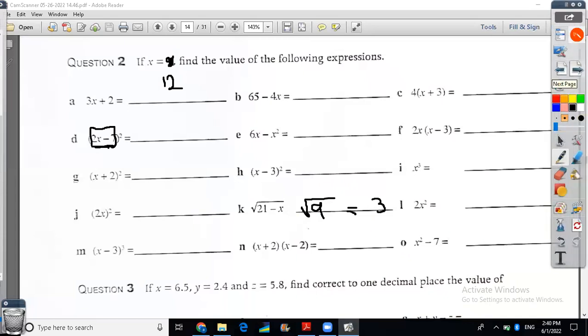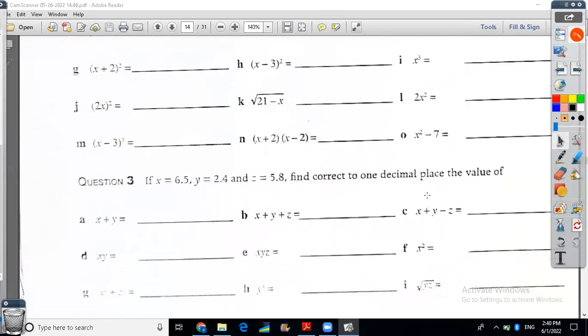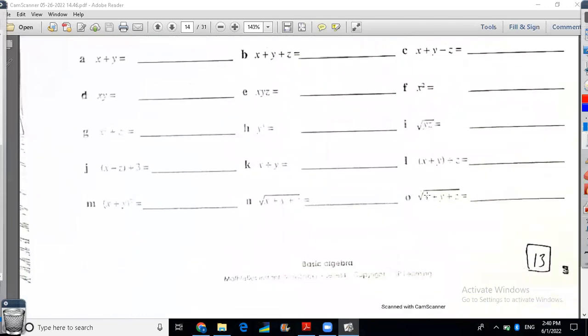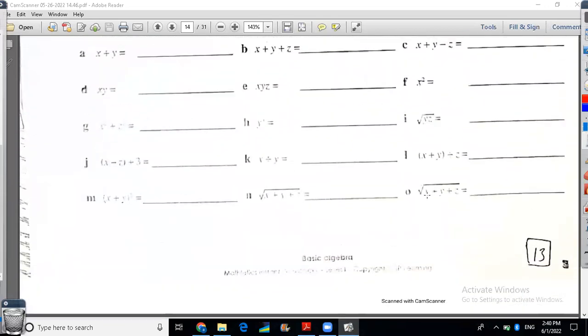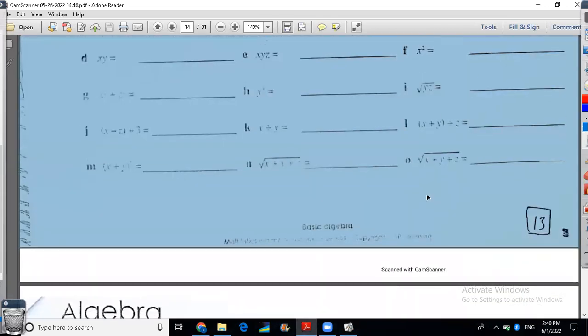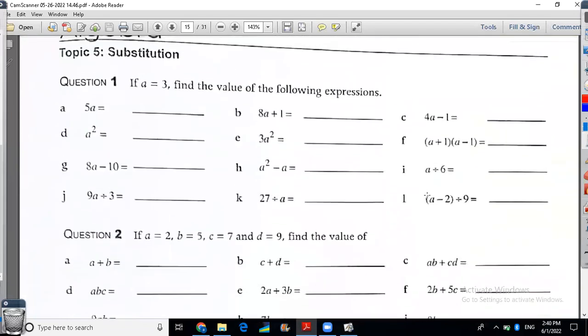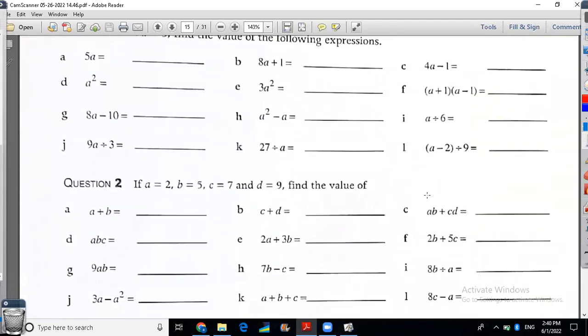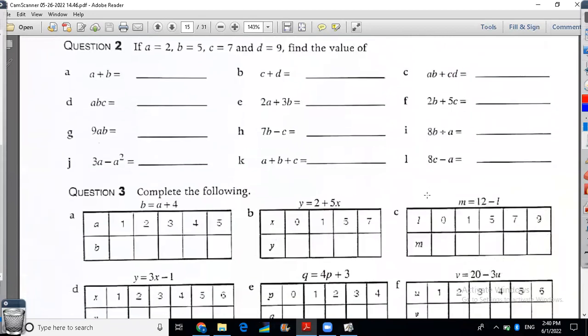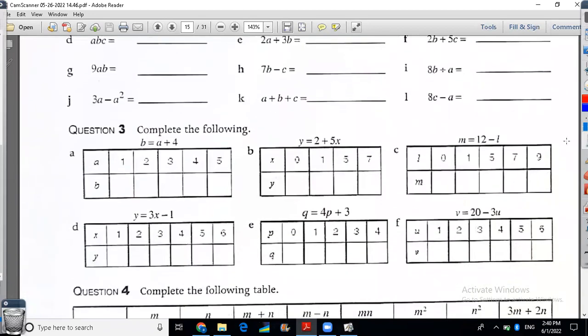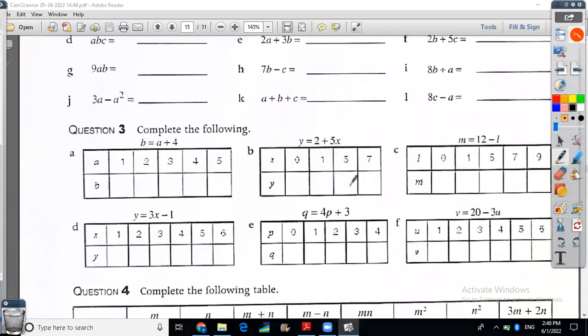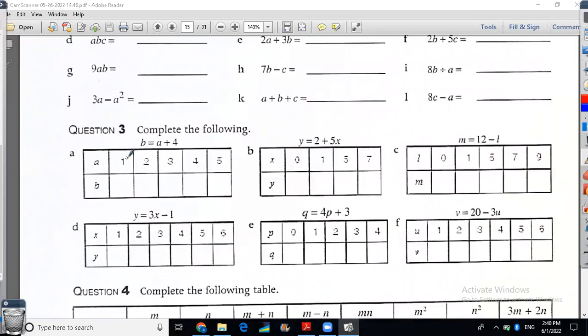Let's continue now, going into the next questions. Same idea exactly over here, substitution. Same idea also here, substitution. Everything here is the same. Here they just want you to find b if a is 1.